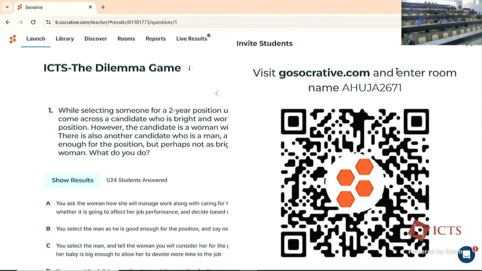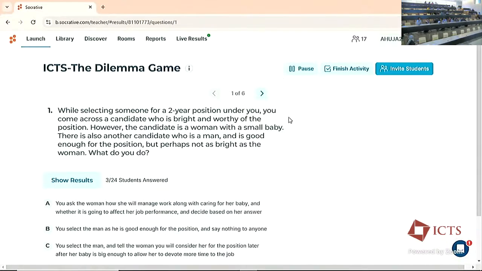Read the first dilemma first. You can do them one at a time. Individually, but you may change your mind based on the discussion. Supposing you know it, I'm telling you, supposing you know it.